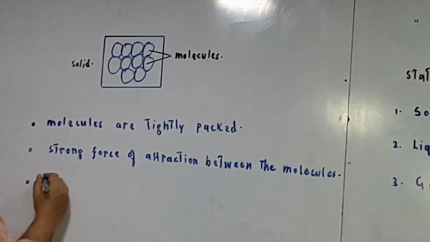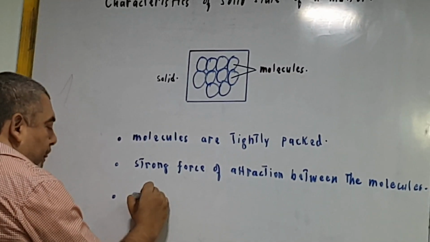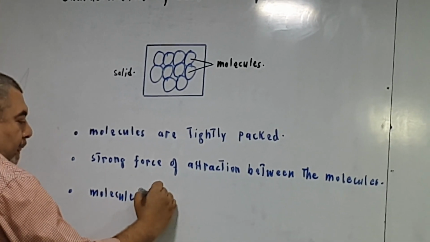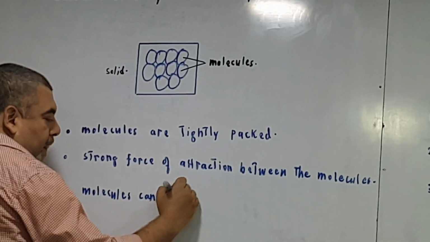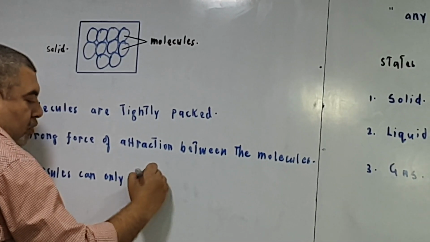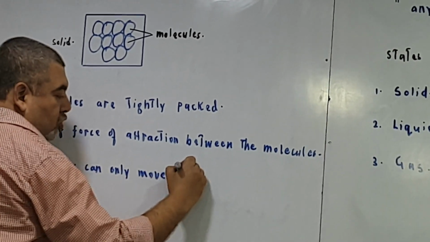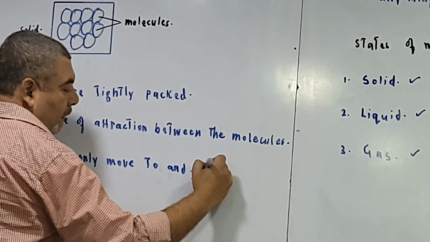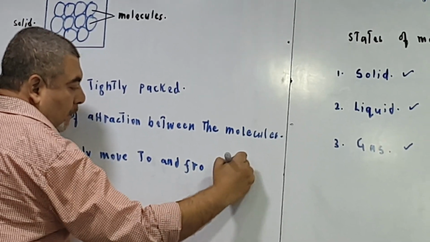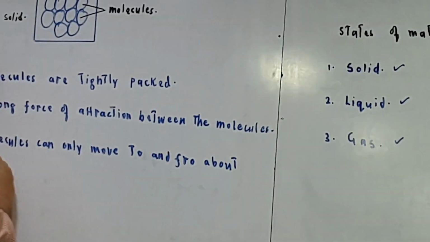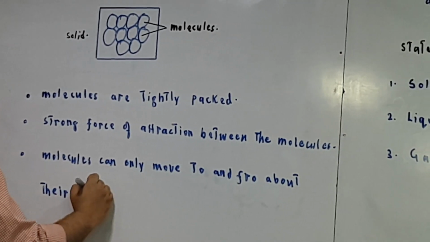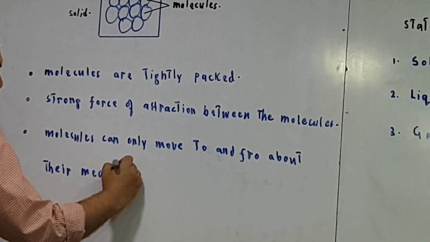Next, they can only move to and fro. To and fro means left right. Where? About their mean position. You know what mean position is; we have discussed it in our previous lecture.